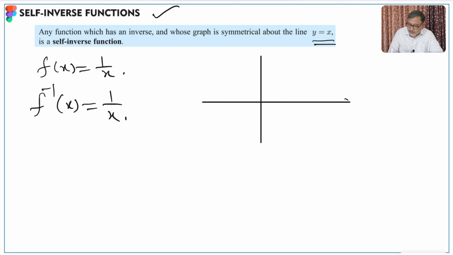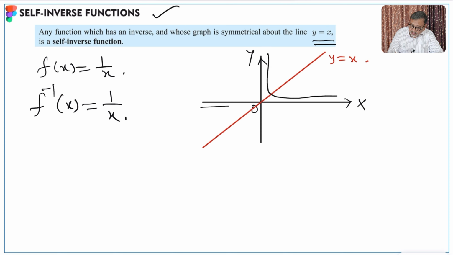We have already seen the graph of y is equal to 1 upon x, or f of x is equal to 1 upon x. So this is the mirror line. It is called a mirror line, y is equal to x. Now the graph of the function f is like this.